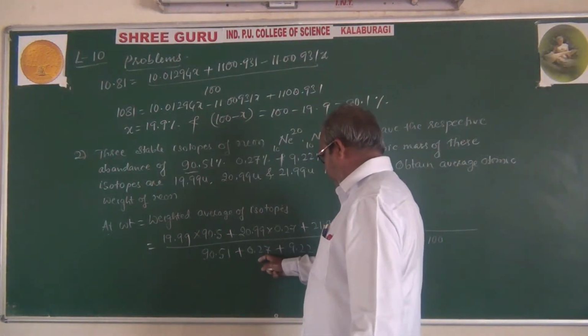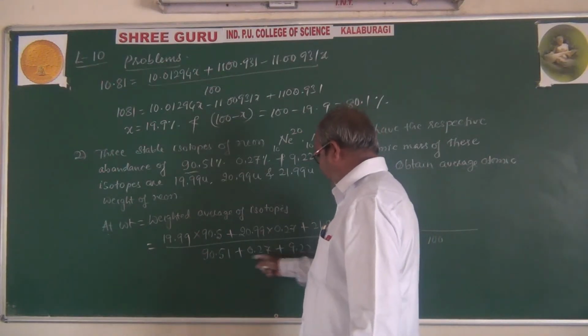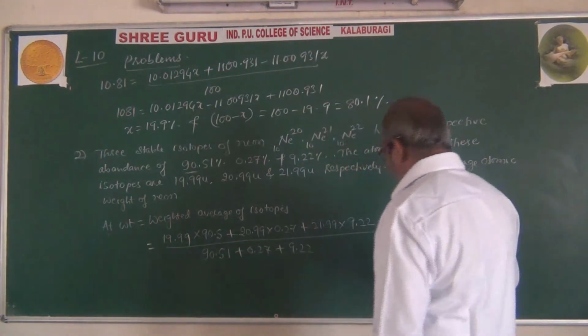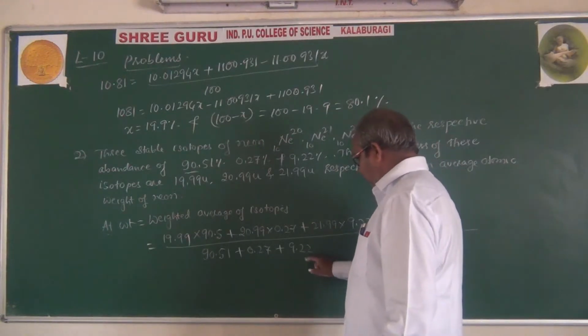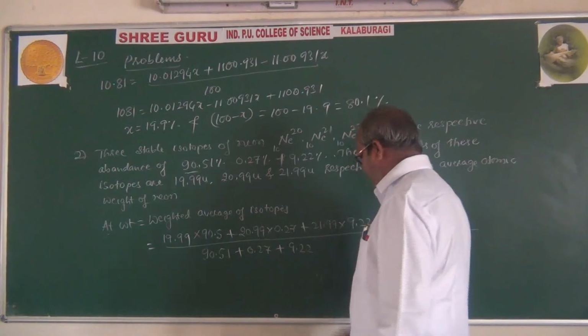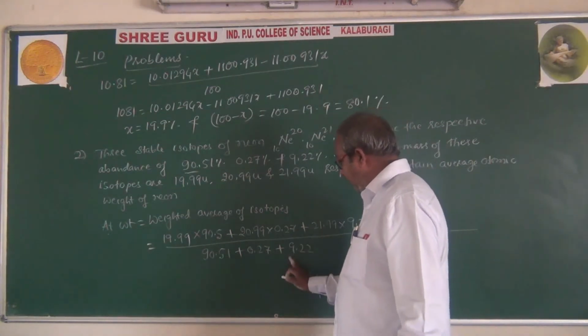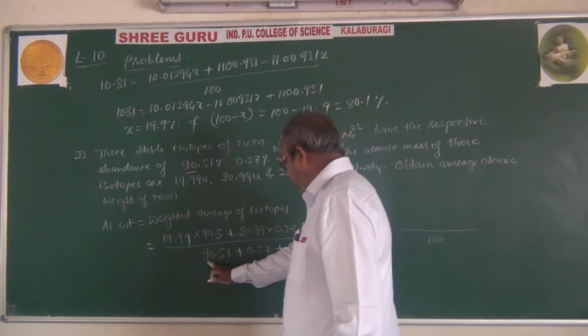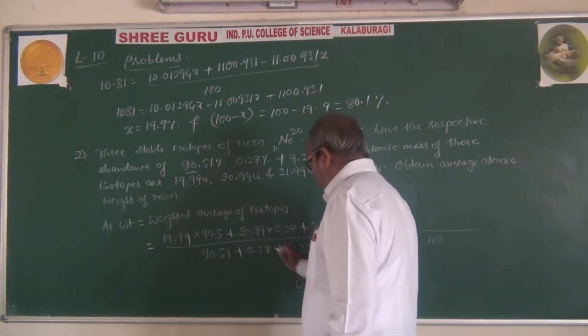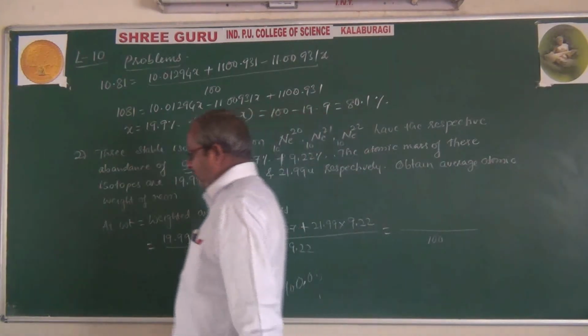Adding 90.51 plus 0.27 plus 9.22: 9 plus 1 is 10, that is 0, carry 1; 2 plus 2 is 4, 4 plus 5 is 9, 9 plus 1 is 10, carry 1; 9 plus 0 is 9, 9 plus 1 is 10. So this is what you get, divided by 100.